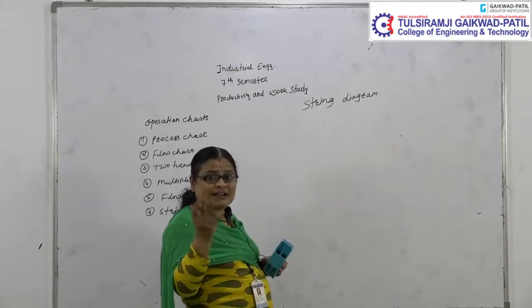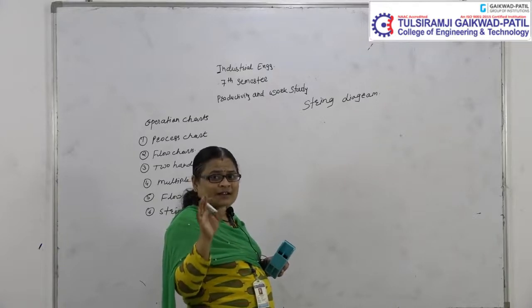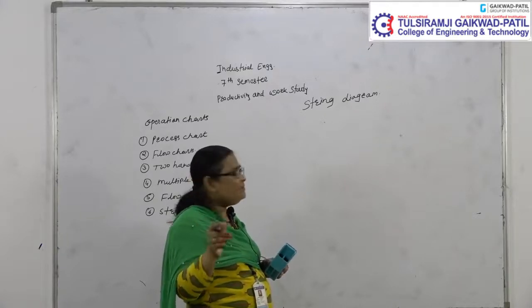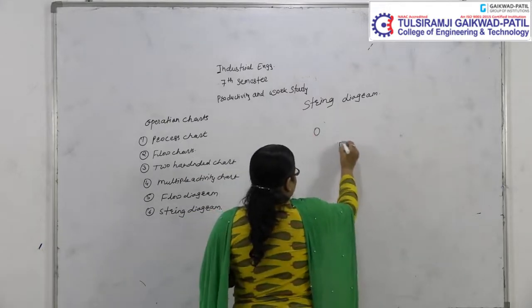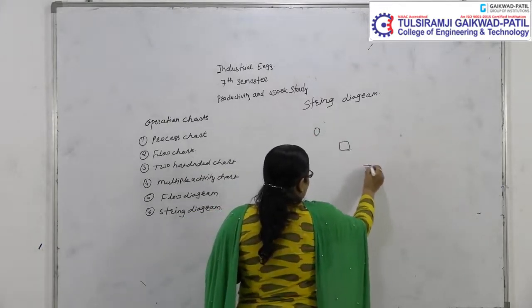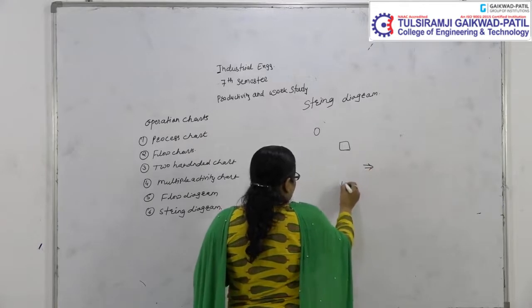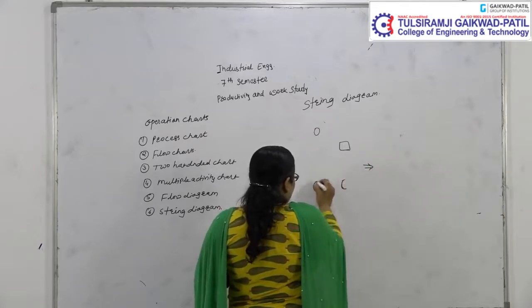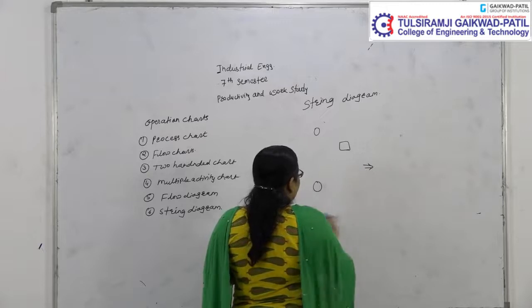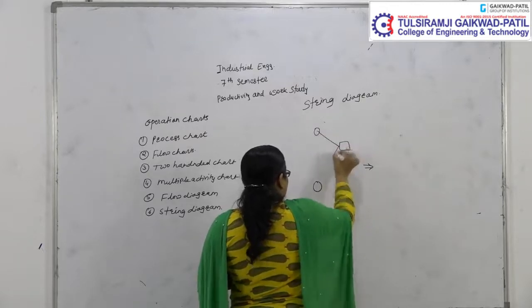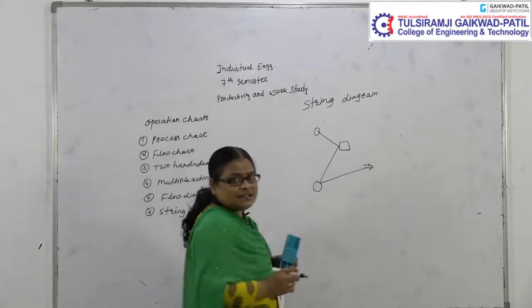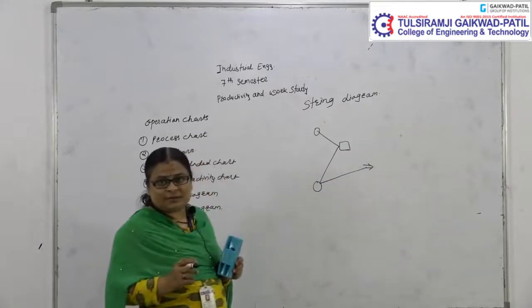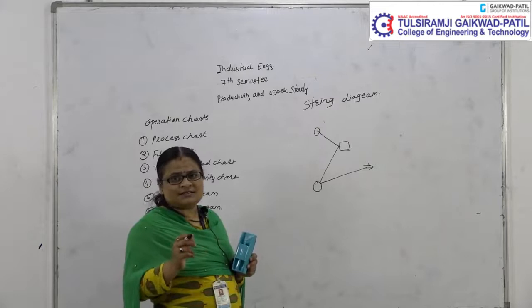The string diagram can be calculated with respect to the parameters, that is one operation is here, transportation is here, inspection is here, transportation is here, again there is an operation. So one string can be attached here, here, here. In this way the strings can be attached with respect to the operation, and it is called a string diagram.